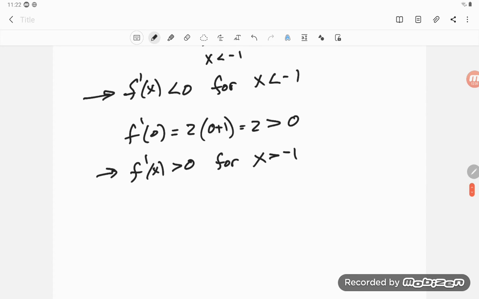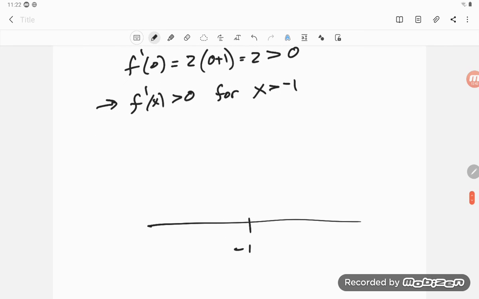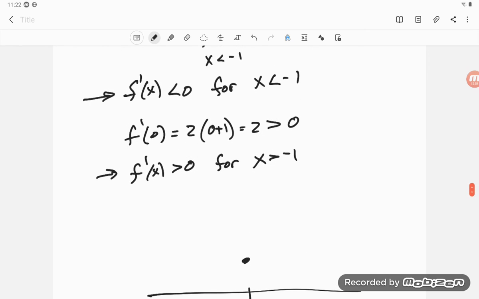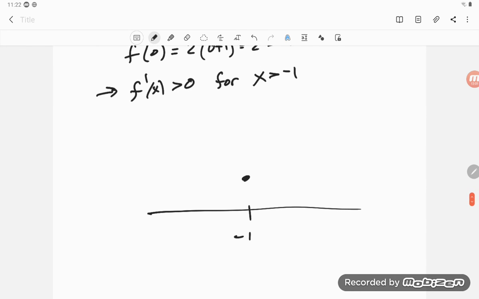And so if I'm thinking about what's happening at -1, I'd have to evaluate f of x at -1 to get its value. But let's say I put it right there. I don't have a y scale, so it doesn't really tell me what it is. But it says if I'm less than -1, the derivative is negative, or in other words, I'm decreasing.